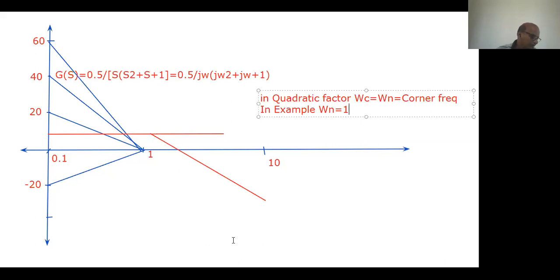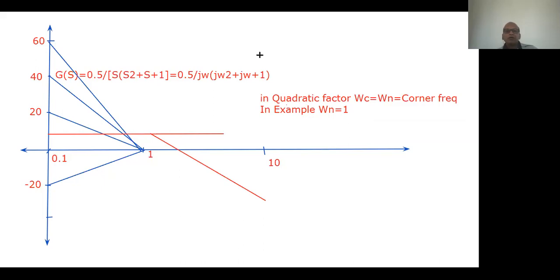Then draw asymptotes at this corner frequency.